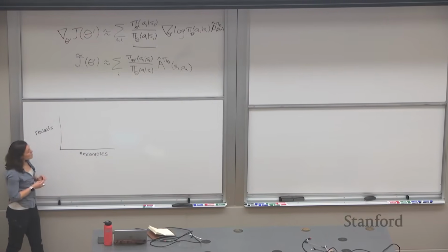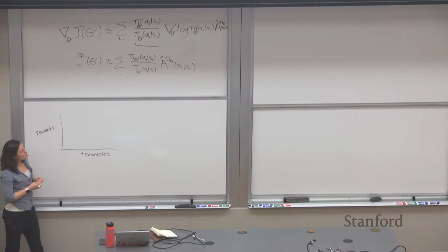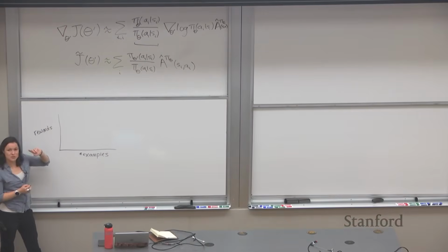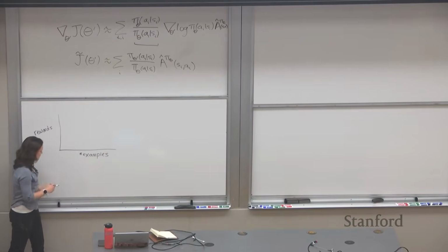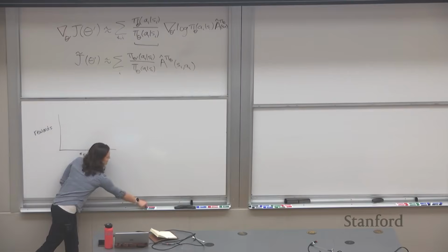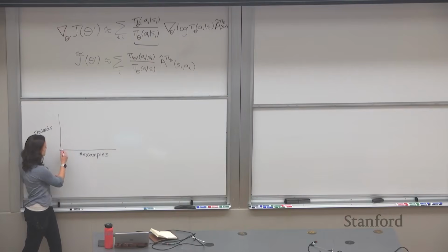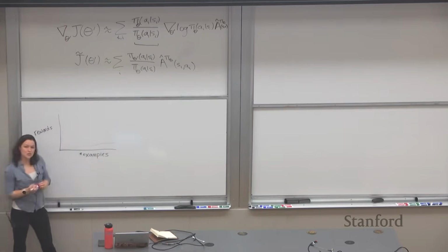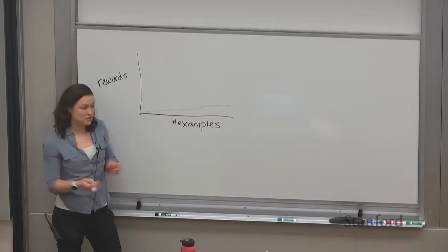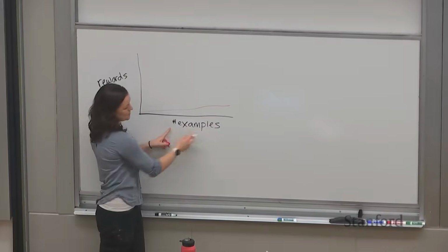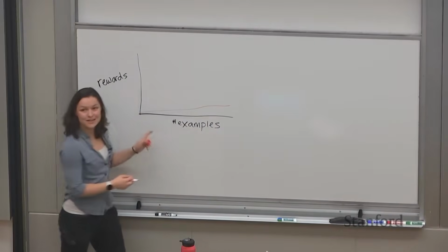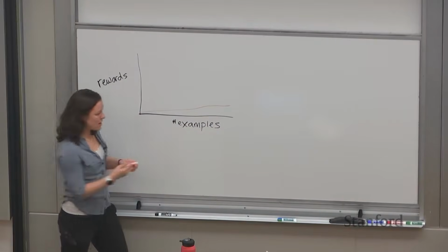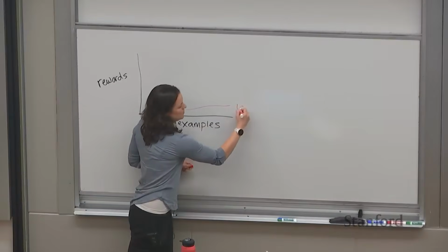If you take only one gradient step for every batch of data that you collect, then your learning might look something like this, where it learns very slowly because you can only take one gradient step for each batch of data. That means it's going to take many, many data points in order to learn. So this is for one gradient step.